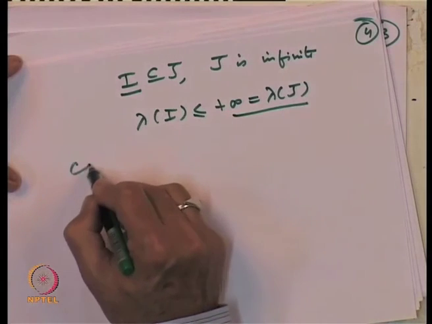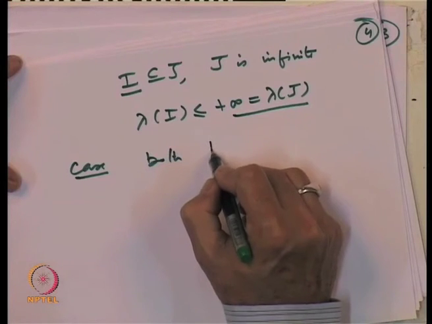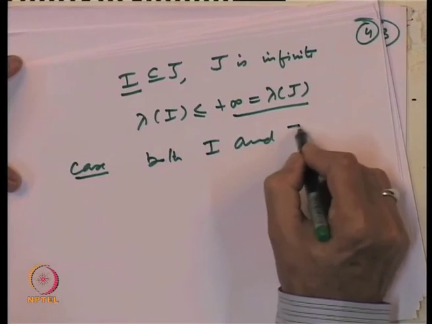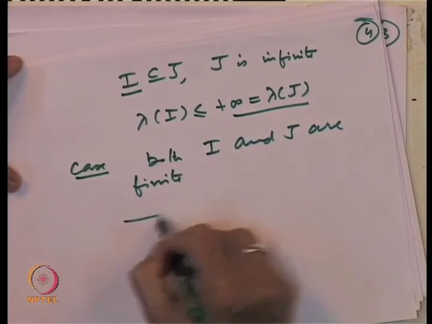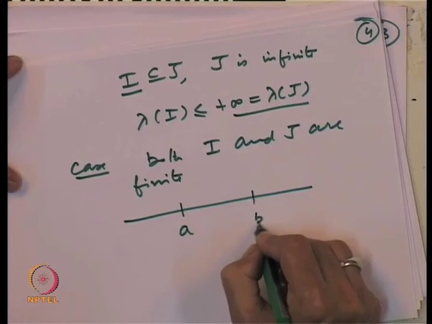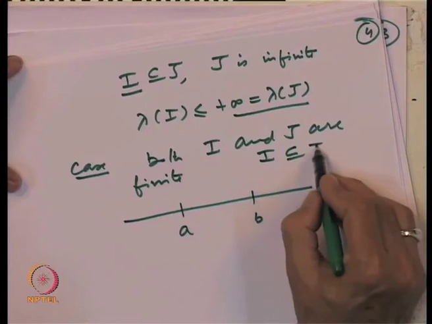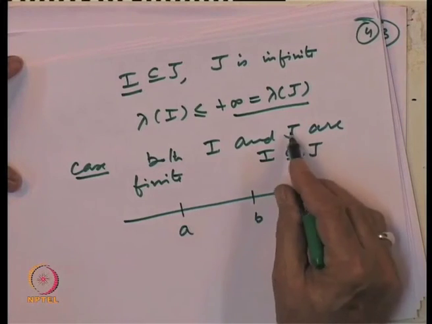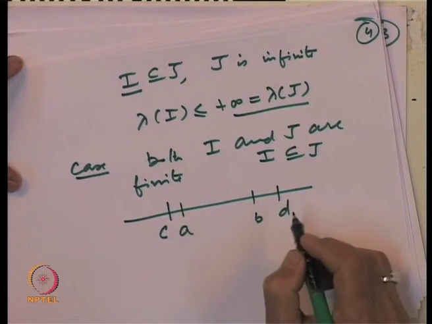So, this is obvious if this is the case. So, finally, let us look at the case when both I and j are finite. So, let us say I has the endpoints a and b. Now, I is a subset of j, that means the endpoints of j have to be somewhere here and somewhere here.